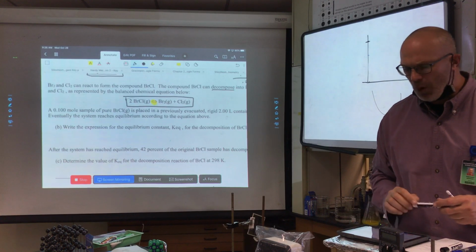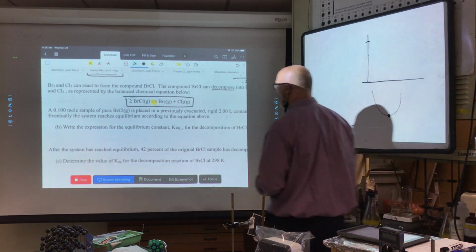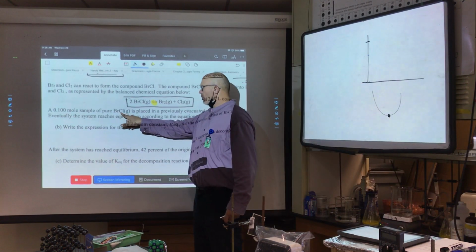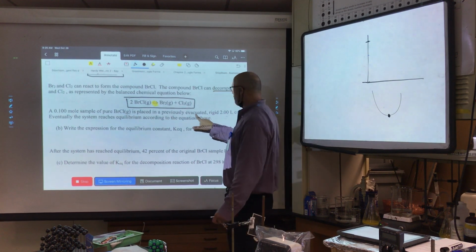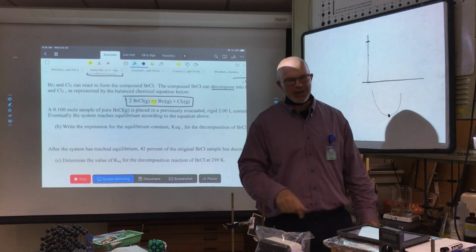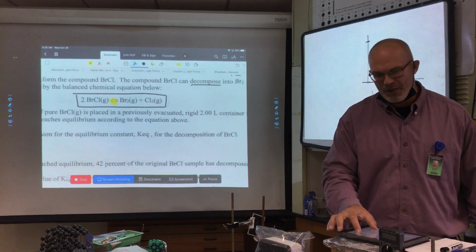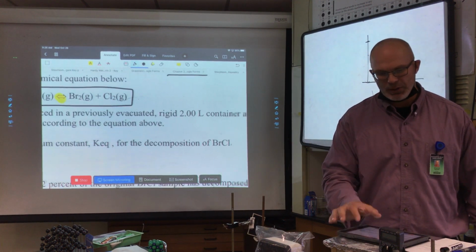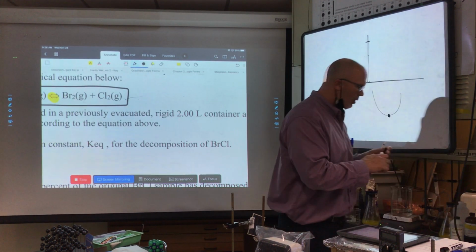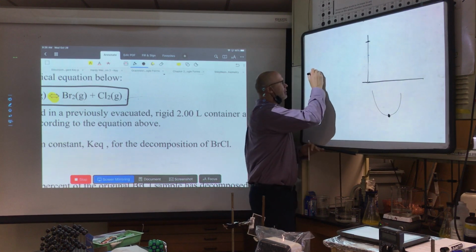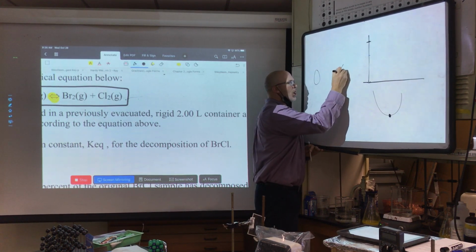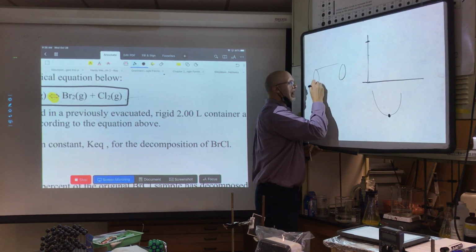They said a 0.1 mole sample of pure bromine chloride is placed in a previously evacuated rigid 2-liter container. What that means is we have some container that has no gas in it. It's a pure vacuum.